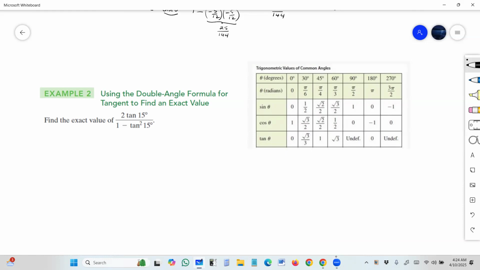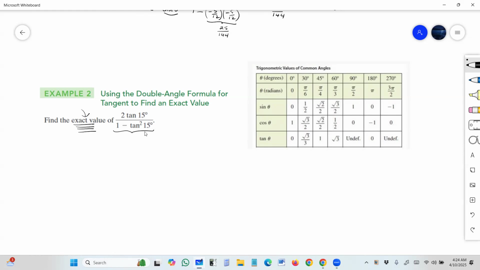Now, this may come up in calculus, for example, or more advanced applications where you are given an expression and we have to find the exact value. Now, when you see the expression exact value, what we mean is you cannot use a calculator for it. So we need to find the answer in terms of radicals. Okay?